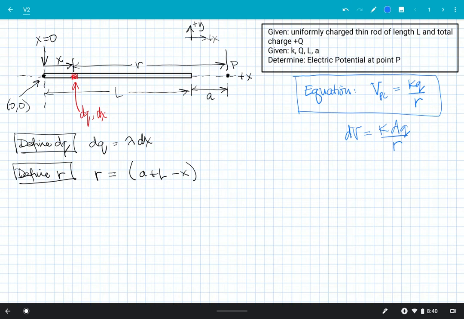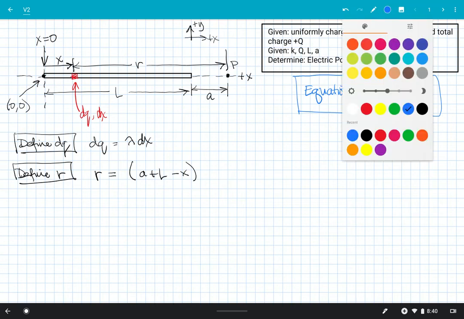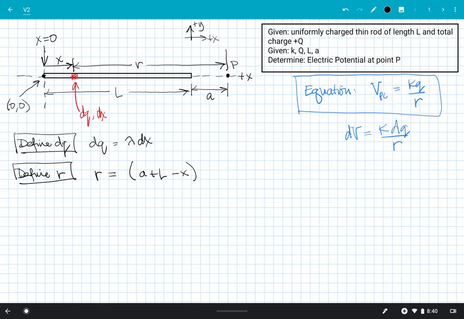Okay, so now I can go ahead and write out my integral here. So I know that the potential at point P due to the rod is going to be me adding up or summing up all the dVs, and that's all the contributions of potential from every dq along the rod.